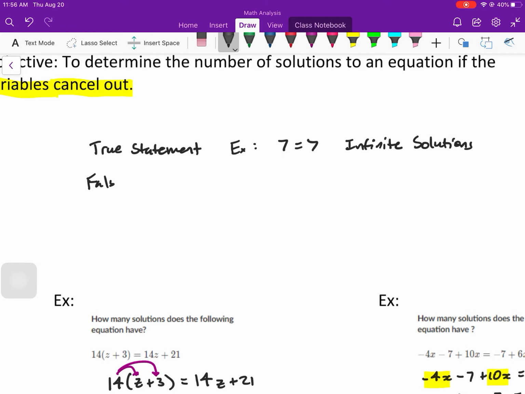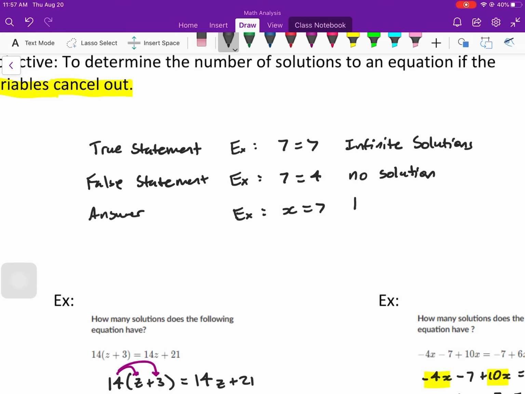If you get a false statement, so for example, like 7 equals 4, you get no solution. If you get an answer like x equals 7, then you have one solution.